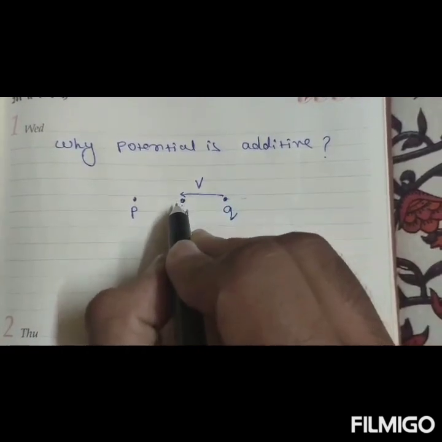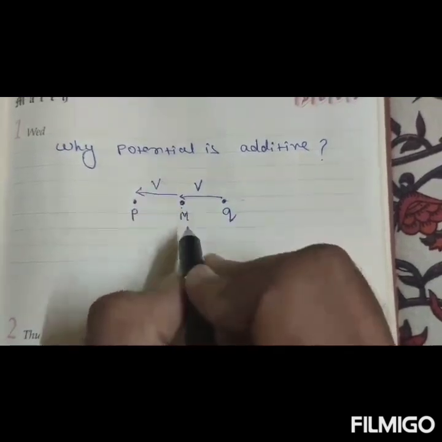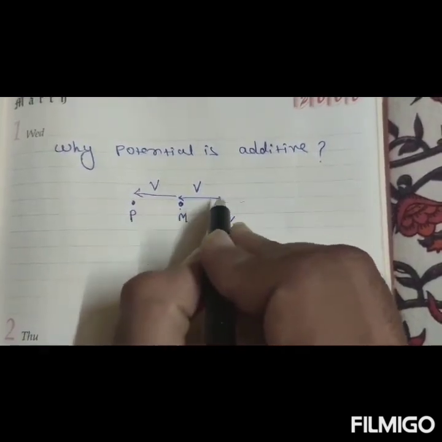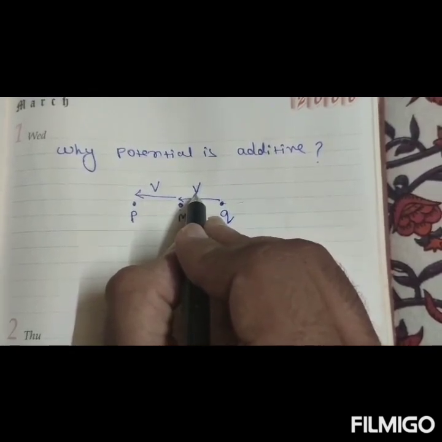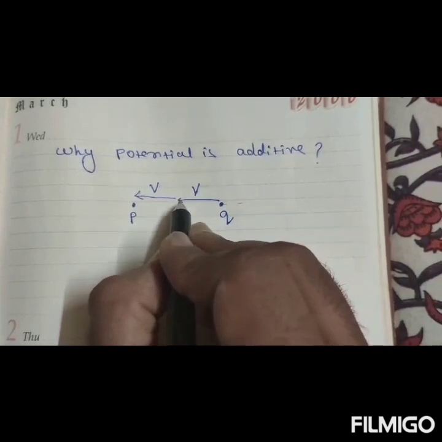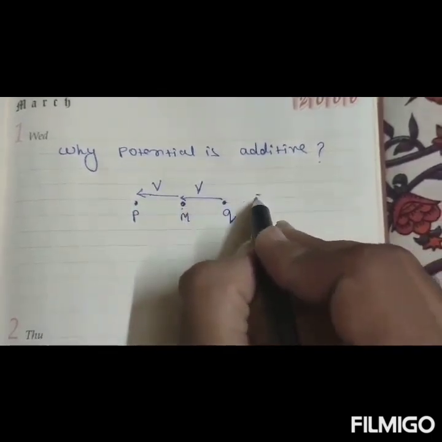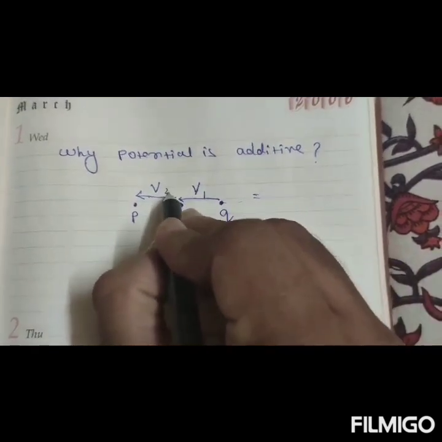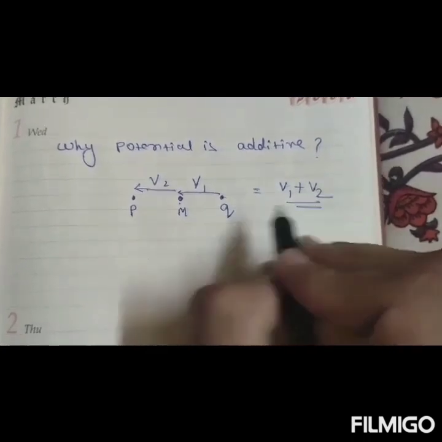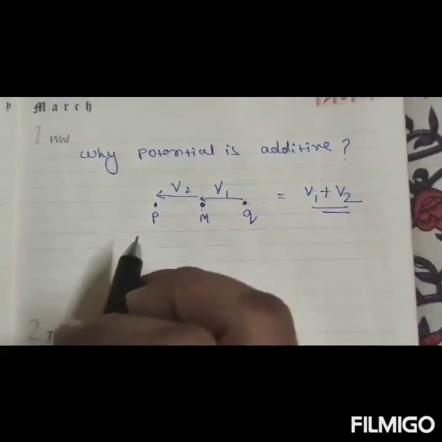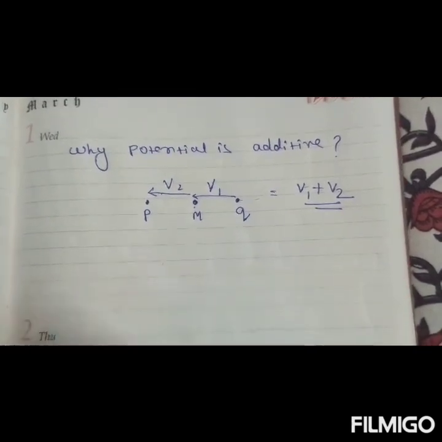When I go further from this point to this point, again I will get another potential. This potential is the work done upon a unit charge, and this is also further work done upon that particular charge. If I name them V1 and V2, this is simply V1 plus V2. Everywhere this system has to be followed, right?